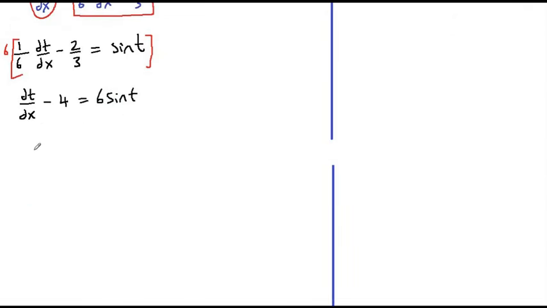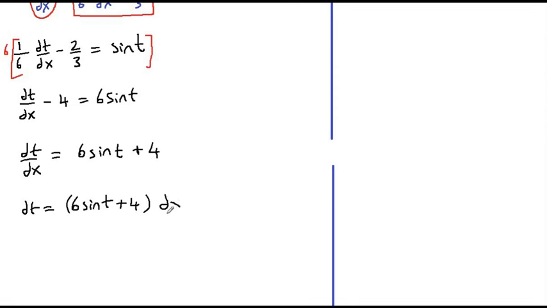Now we can add 4 on both sides: 6 sine t plus 4. Now this is a separable differential equation. Multiply both sides by dx, and divide by 6 sine t plus 4.